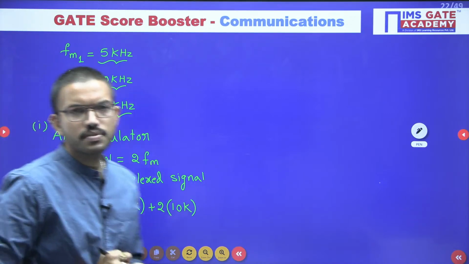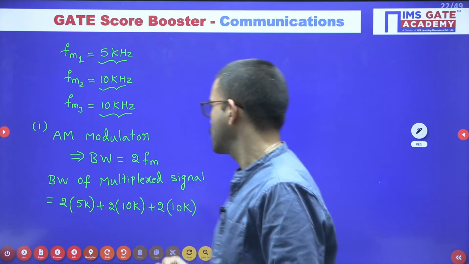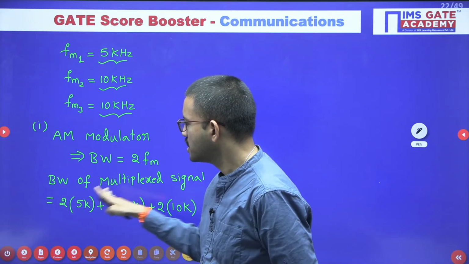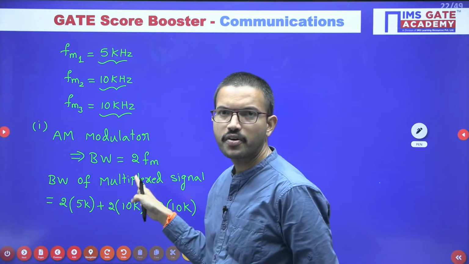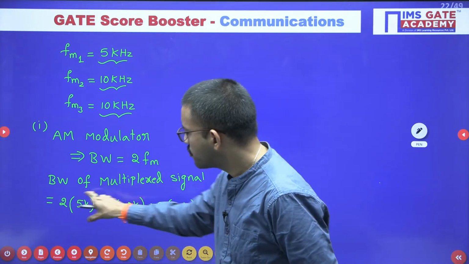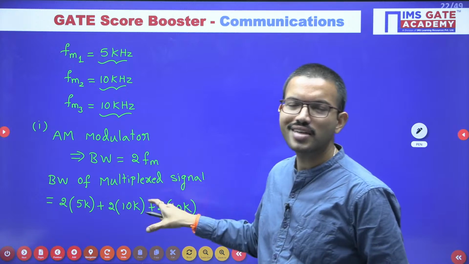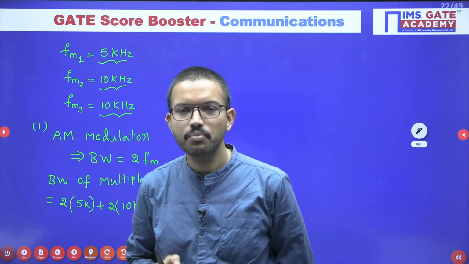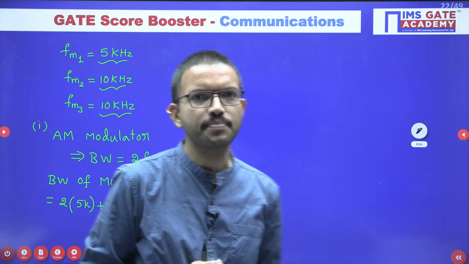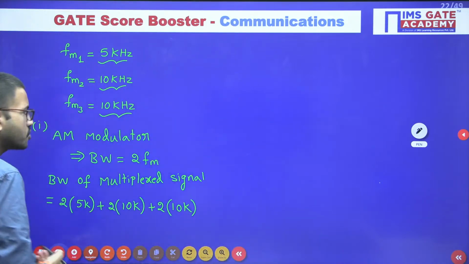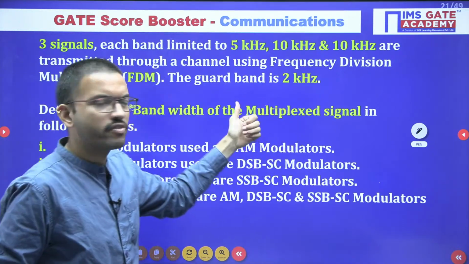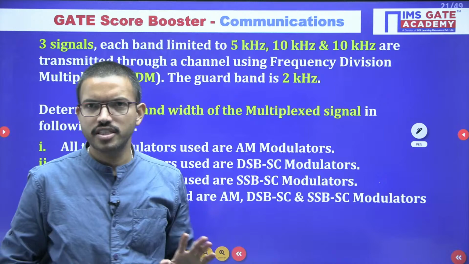If you consider only this much, that means we haven't separated the first signal, second signal, or second and third. That answer will be applicable if there is no guard band provided between the signals. But in this question, the guard band is provided, and it is 2 kHz.